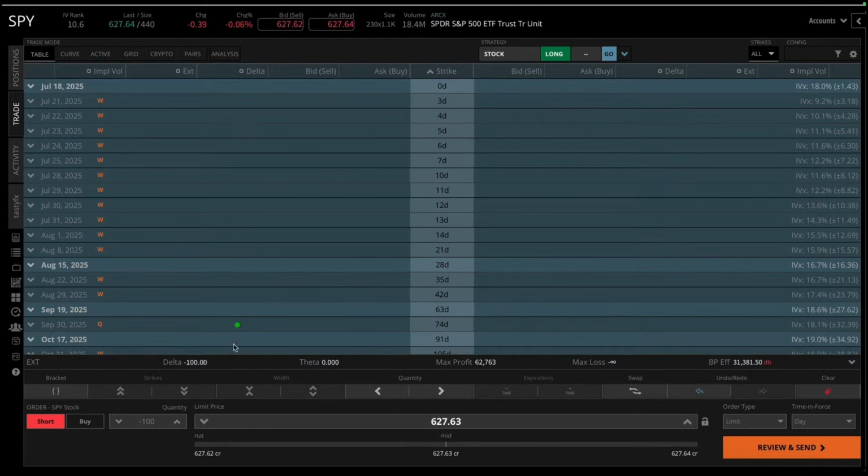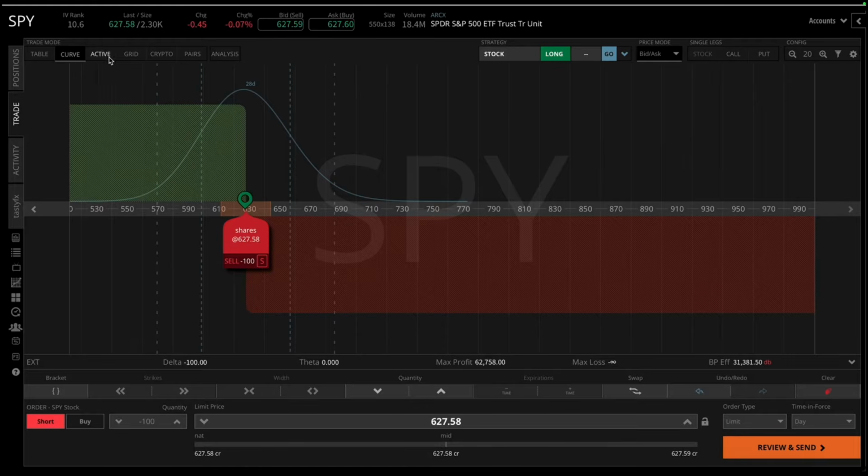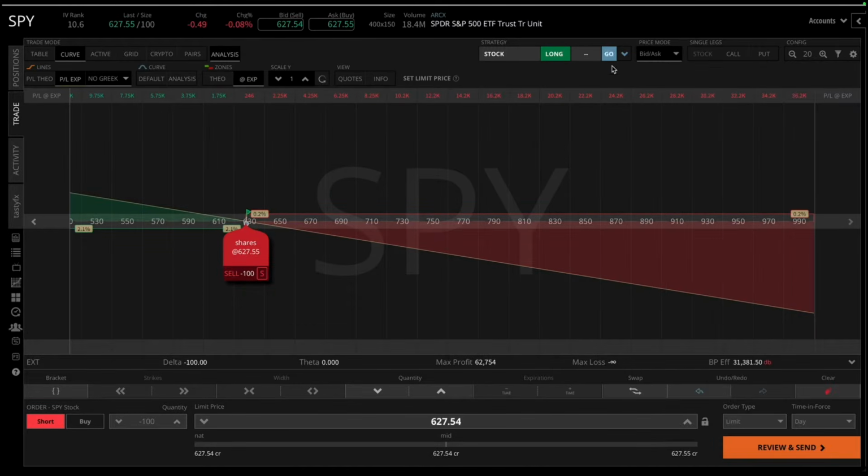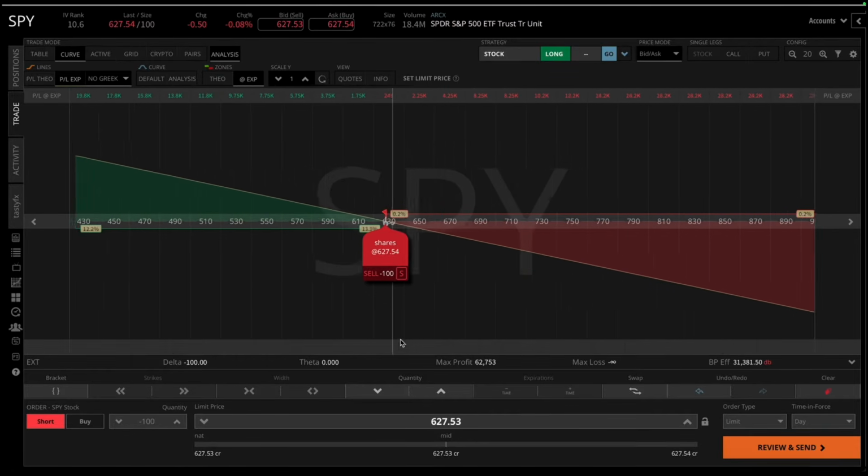After I click the bid, it populates the trade and gives us a negative delta of 100, a max profit of $62,760, and the buying power effect to put this trade on would be a debit of $31,381, and that would be in my margin account. And let's take a look at the analysis tab so that we can look at the profit and loss diagram.